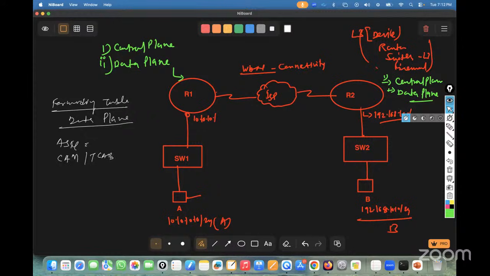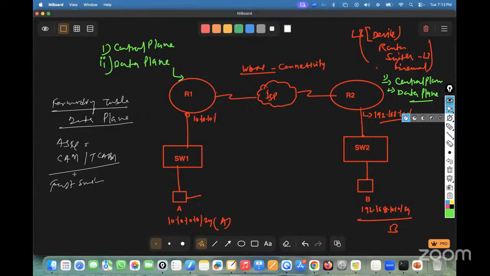If you're coming from a switching background, you know they use the fast switching engine. These are the different components, but this is how they process the actual data. When they forward data, they use ASICs and TCAM. If it's a switch, it also uses fast switching and the MAC table to forward the packet.